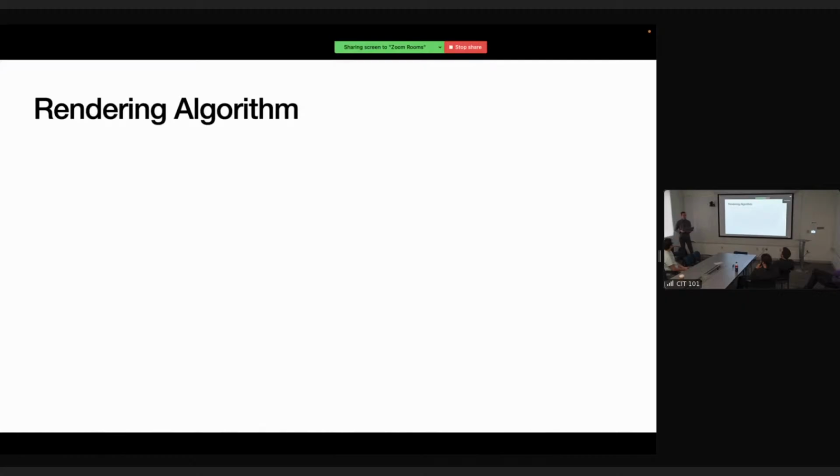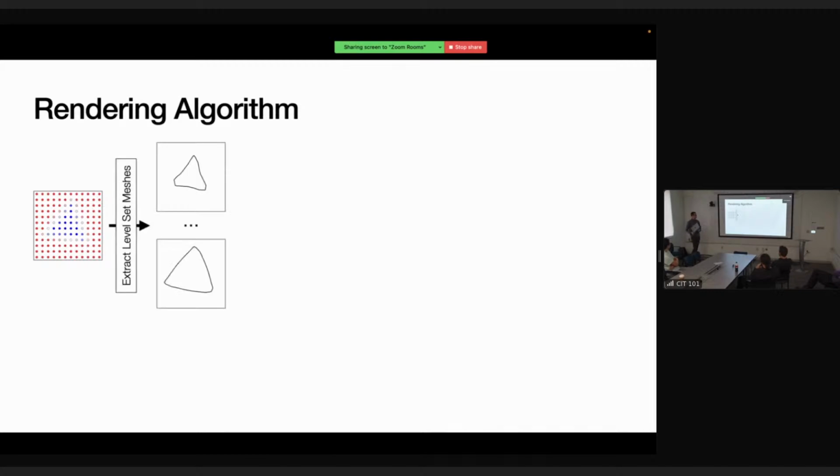Anyway, moving on. With all that I've said, I will now present the rendering algorithm. We start with our grid of signed distances, and then we extract some level sets. Here we have the innermost level set, the most negative signed distance that we extract a level set for, and the outermost one. Between these, we have a small number of other level sets.